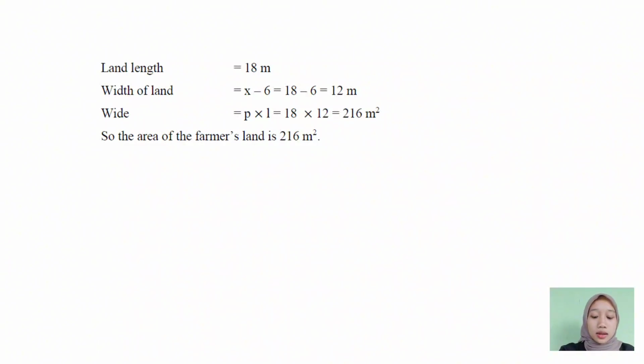And area equals length multiplied by width, equals 18 multiplied by 12 equals 216. So the area of the farmers' land is 216 square meters.